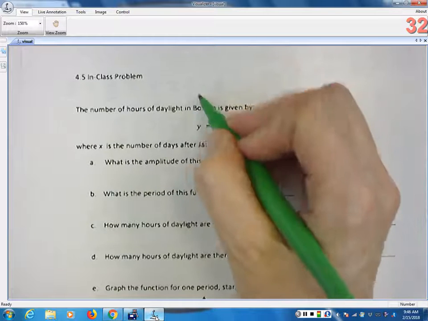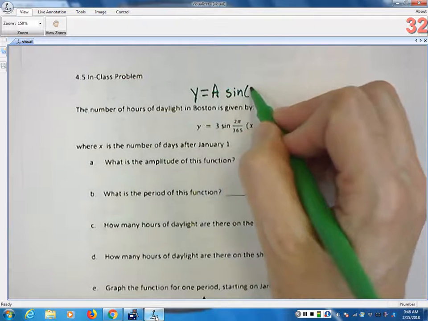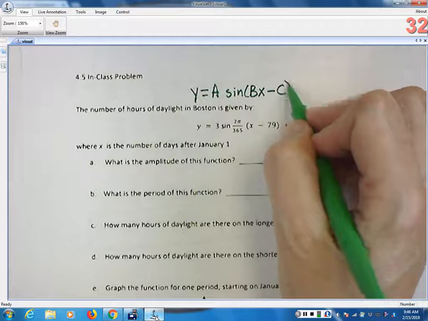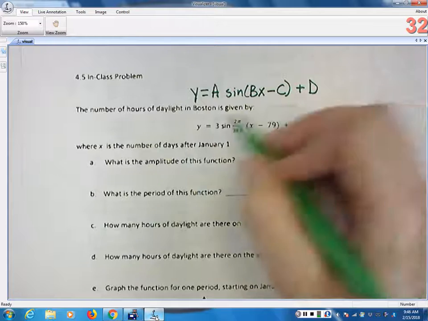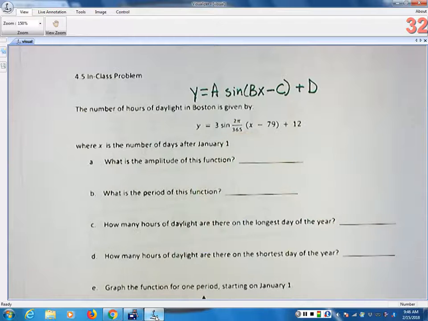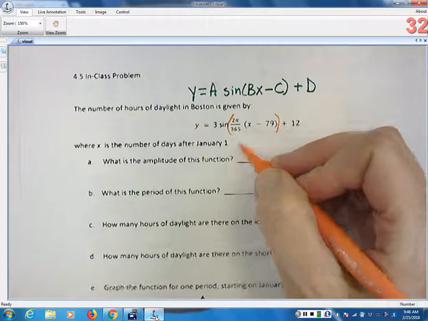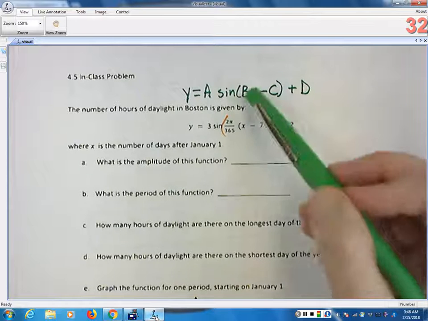So you want to write down y equals A sine of Bx minus C plus D. Notice they've actually factored out the B, so let me factor the B out here.